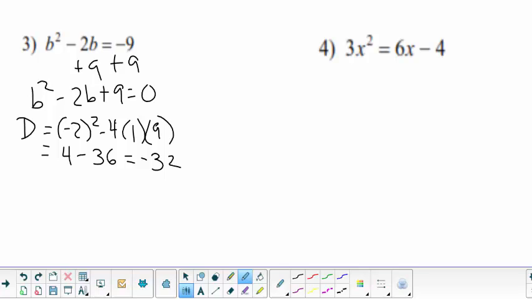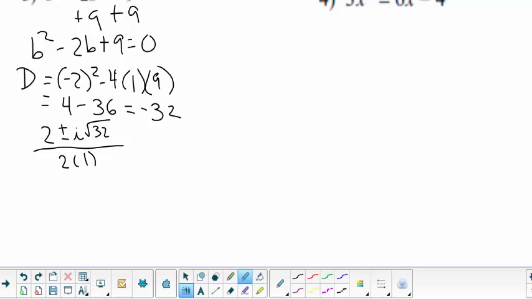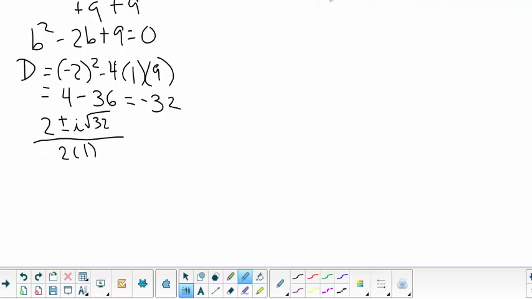Now we need to plug this into the quadratic formula. So we'd have negative b, which would be a positive 2, plus or minus, I'm going to pull my i out, the square root of our discriminant, all over 2 times a, which is 2 times 1. Now we need to simplify that square root of 32. 32 is the same thing as 16 times 2, right?